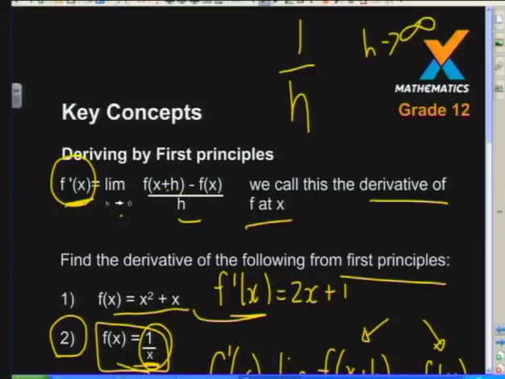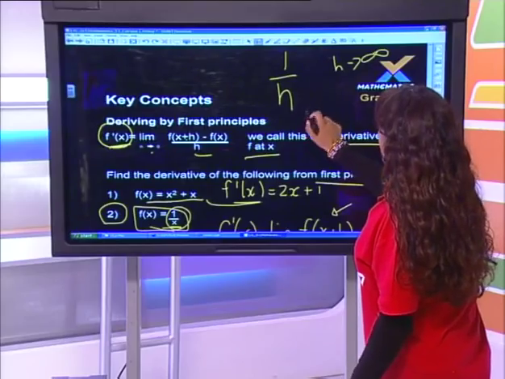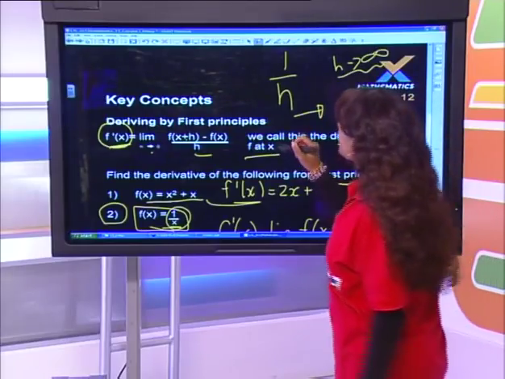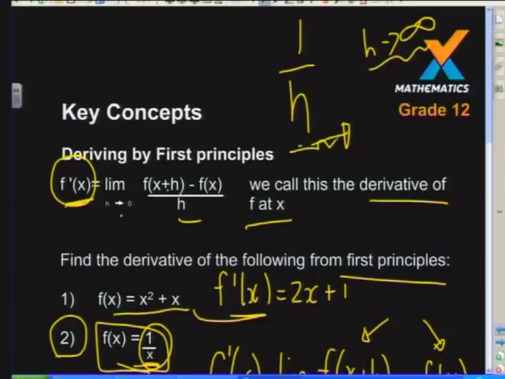So if you ended up with the function, and after you did your average gradient you get 1 over h. Now, if you think about this, if h is approaching infinity, that means your denominator is getting really, really big.